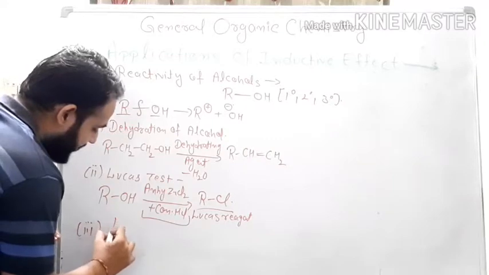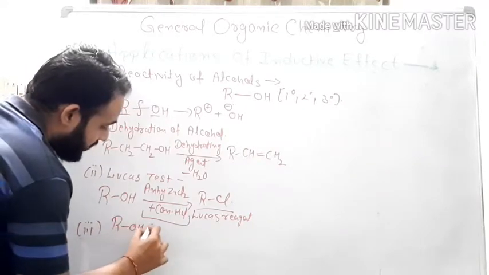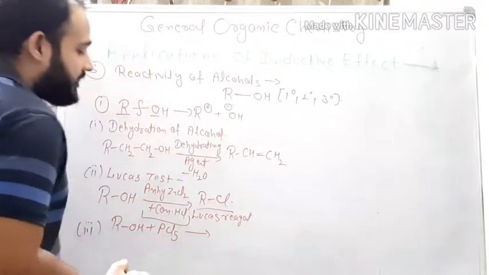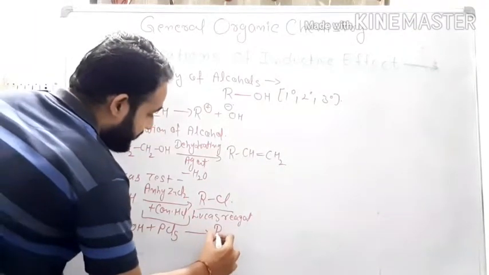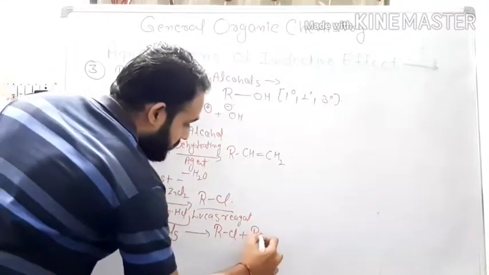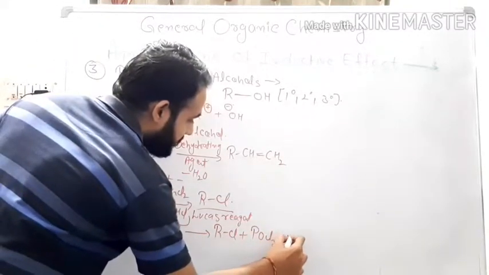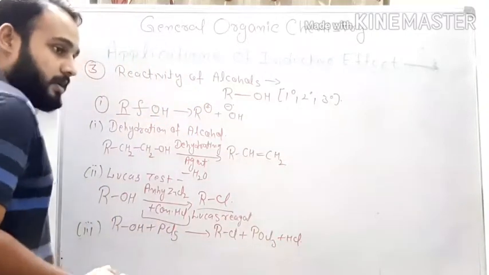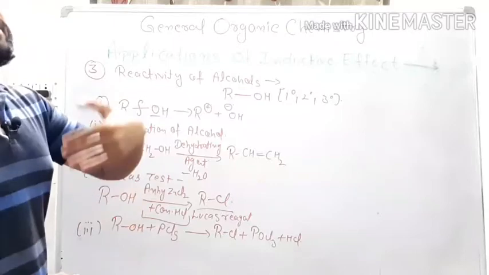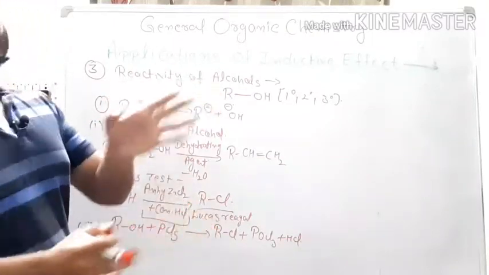Another reaction is when you react alcohol with PCl5. It will also form your alkyl halide with the formation of POCl3 and HCl, and it will also react with SOCl2 and PCl3, in which it can also form your alkyl halides.